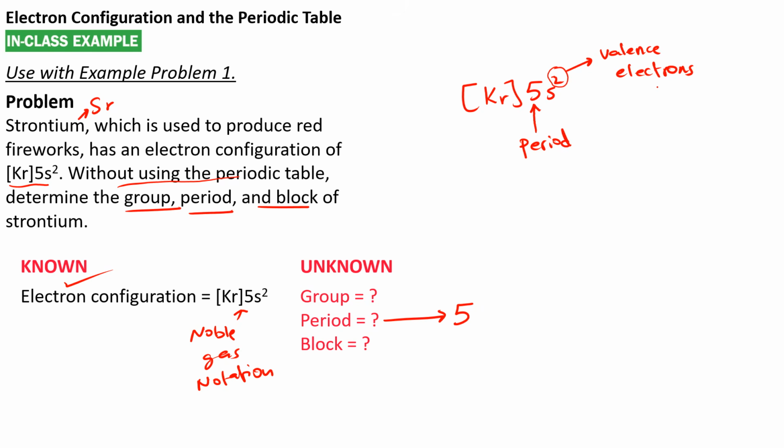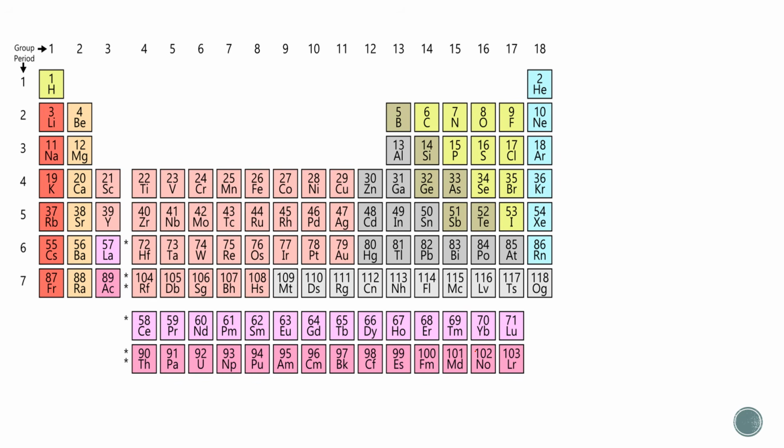And we said that if the number of valence electrons is 2, that means the group is going to be also 2, right? And then the block is the last letter here, so it's going to be block S. And that's it. Super easy, right? So if we go here, it's going to be group 2, period 5, block S. And here's strontium. So it's in group 2, period 5, and block S, right?